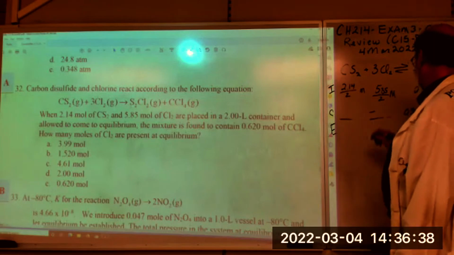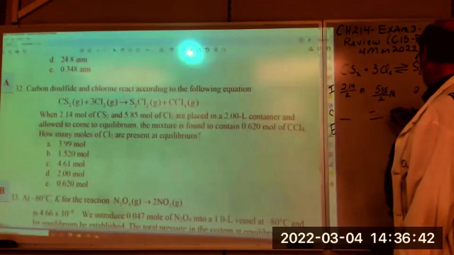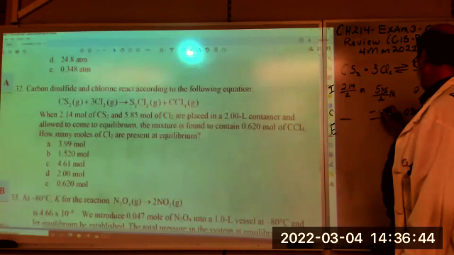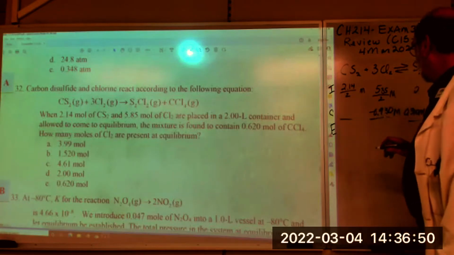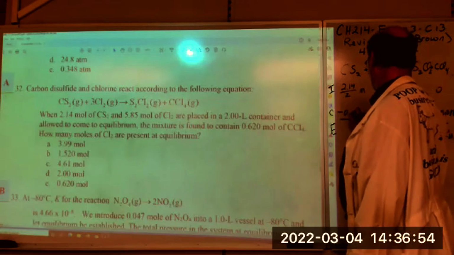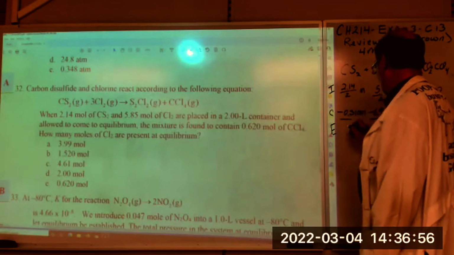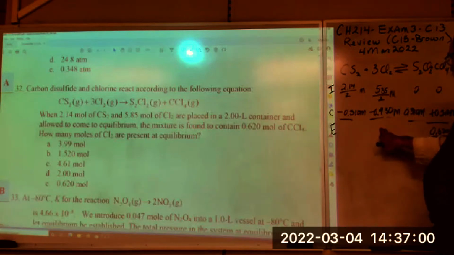So it'd be minus 3 times that. 3, 9. Okay. And this would lose an equal amount. So I take this one, subtract from that one, get this value. This one, subtract from that one, get this value.